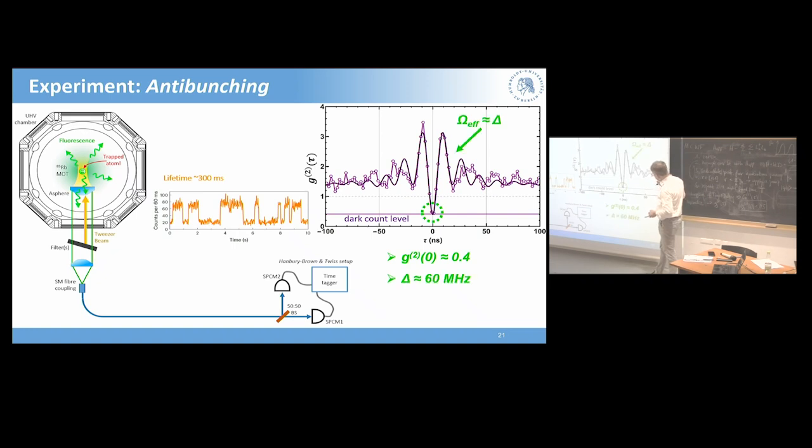This frequency detuning is 60 megahertz, but for the experts it comes both from the laser being detuned from the atom in free space and the atom being in this tweezer, because the tweezer actually increases the atomic transition frequency by a bit due to the light shift. Okay, so we have two contributions, and they sum up to 60 megahertz, and these are these 60 megahertz oscillations that we see here, right?